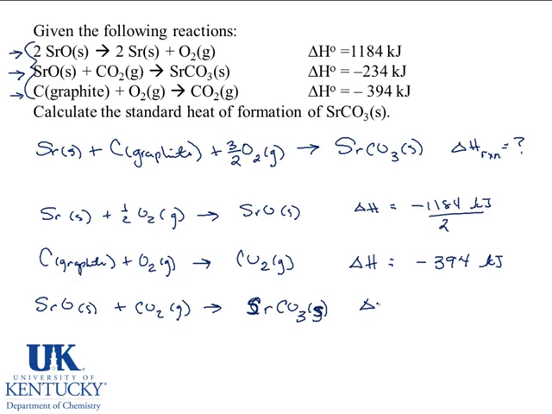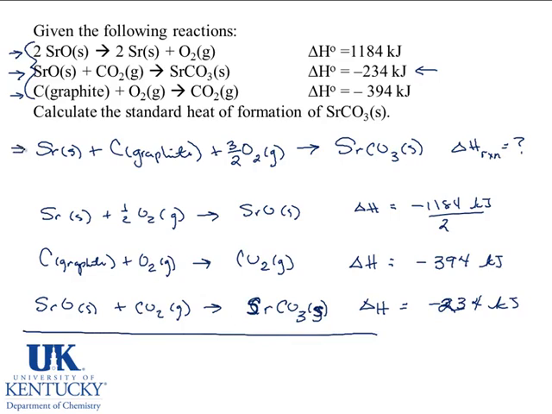Okay, so the delta H of this reaction, I read it right off of here, is a negative 234 kilojoules. Now let's verify that all of these do add up to give me the reaction I'm looking for.